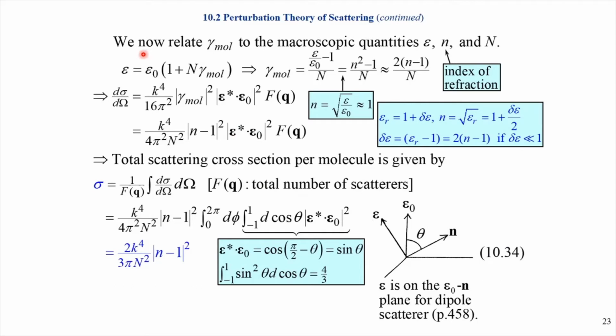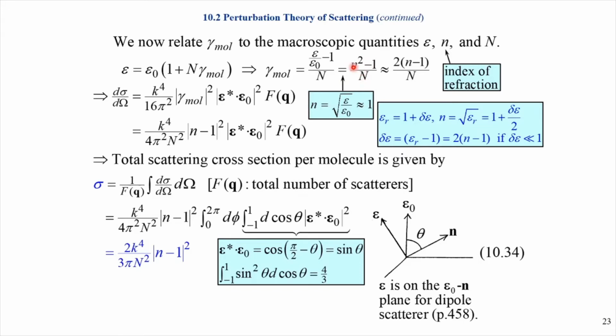Okay, so now we relate gamma mol to the macroscopic quantities epsilon, n, and N. n equals the square root of epsilon over epsilon 0, which is 1 plus N gamma molecule. So gamma molecule equals epsilon divided by epsilon naught minus 1, divided by N. And this equals n squared, where n is the index of refraction here, minus 1.